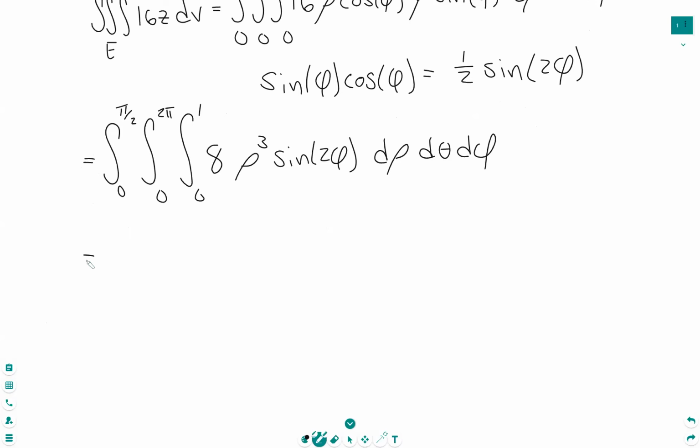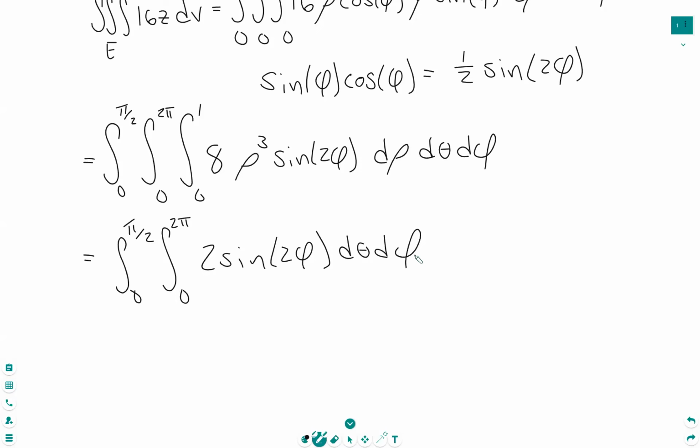So this is equal to 0 to pi over 2, 0 to 2 pi. Then we integrate over rho, and we end up with just 2 sine of 2 phi d theta d phi. There's no thetas in here, so integrating over theta is pretty easy.